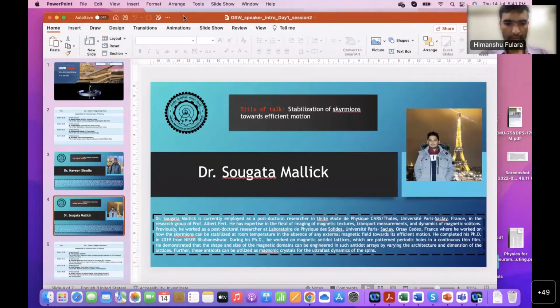He has also worked as a postdoctoral researcher at the University of Paris, France, where he worked on how skyrmions can be stabilized at room temperature in the absence of an external magnetic field towards its efficient motion. So without taking much time, I would ask Dr. Sougata to share his presentation.